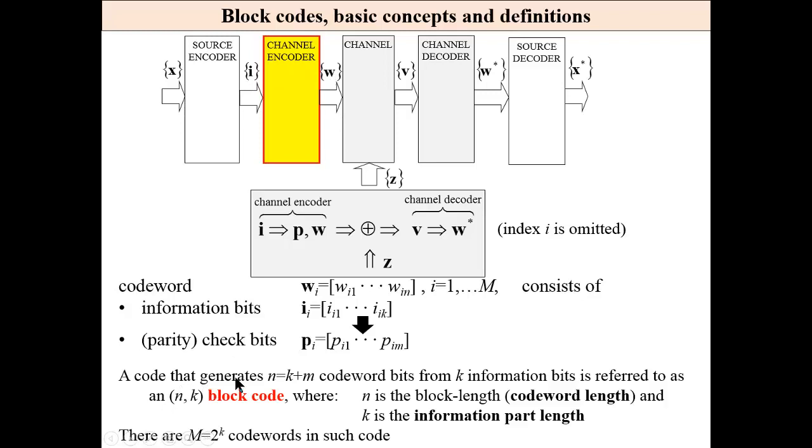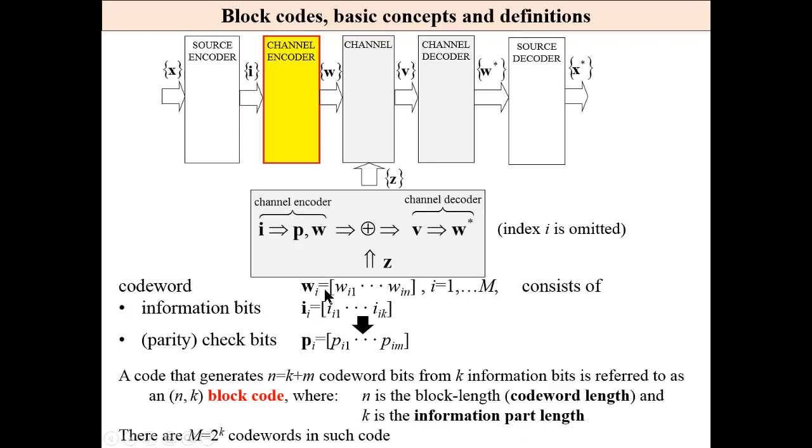A code that generates n-bit code words with k information bits is referred to as an (n,k) block code, where n is the block length, the code word length, and k is the information part length.